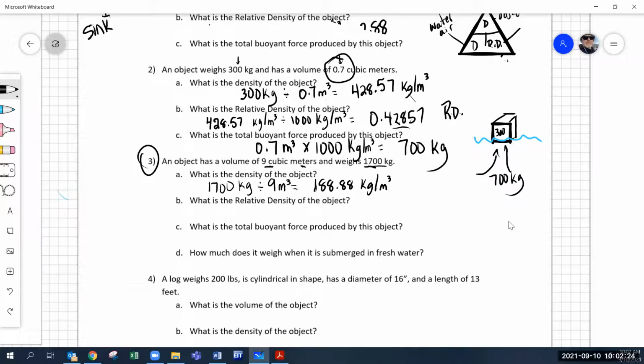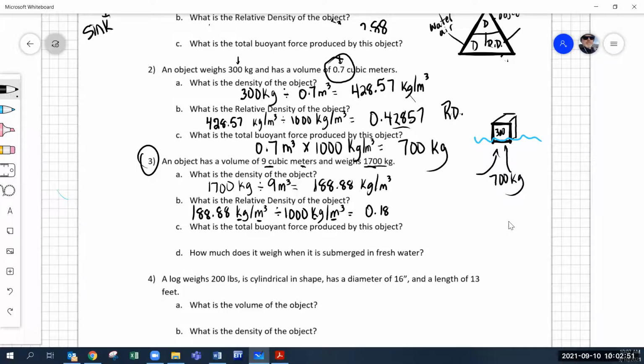Now, to get the relative density, it says take your density and divide it by the density of water or air. This happens to be 1,000 kilograms per cubic meter. Remember, you have to match both of these numbers with the density that's appropriate.